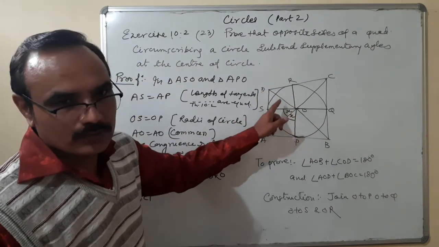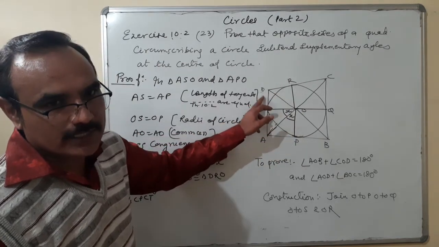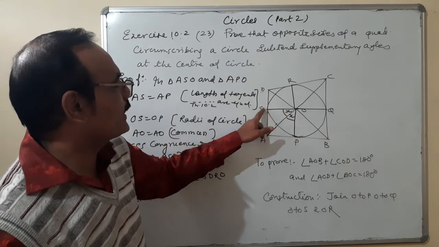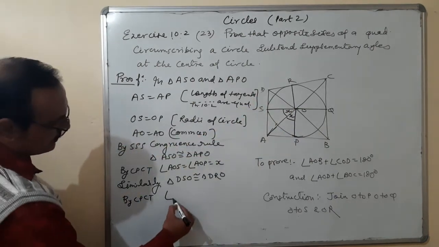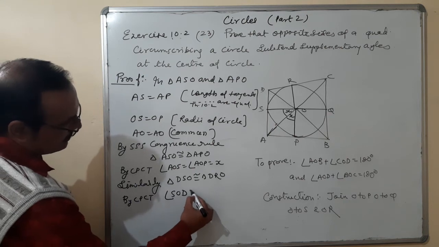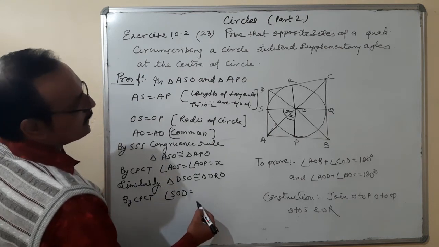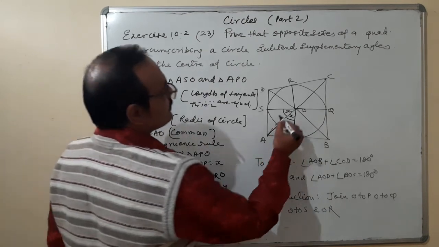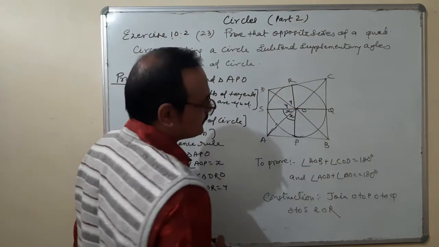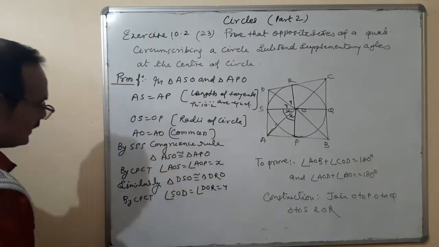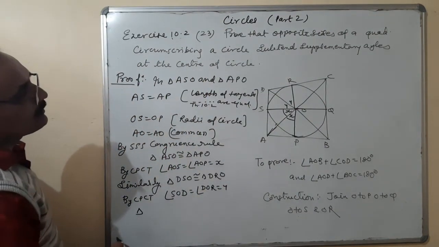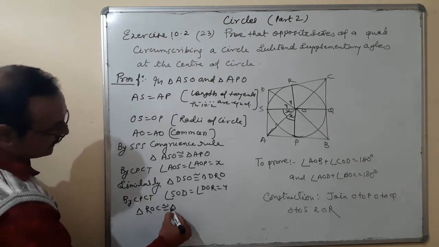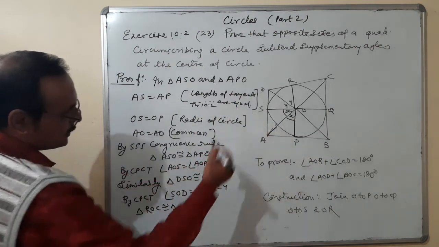Again by SSS, both the sides external tangents, common side, and the radii are equal, so both the triangles are congruent. Angle SOD is equal to angle DOR, which I have taken as Y. And triangle ROC is congruent to triangle QOC.